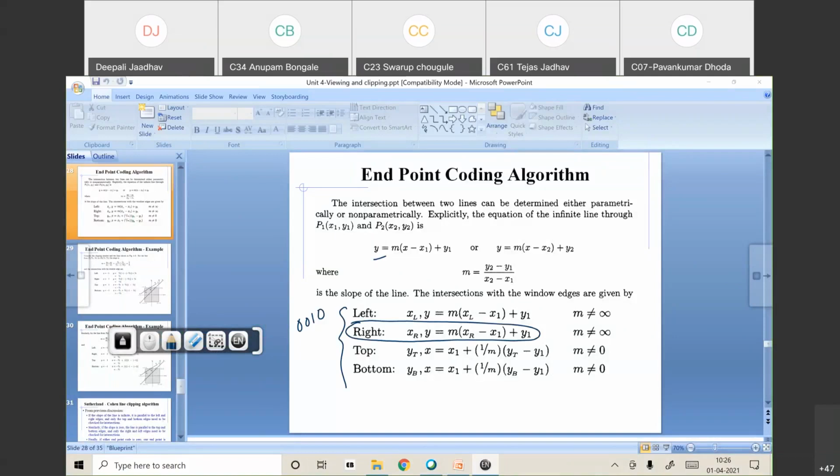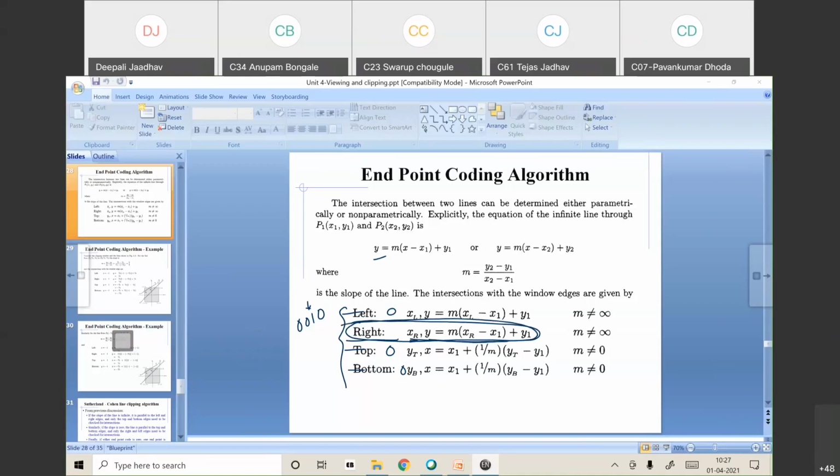Means the left is 0, top is 0, bottom is 0. So not necessary to calculate these values. Only the right, it intersects the right of the window. So we are going to use only this equation and calculate where it intersects XR and the value of Y.